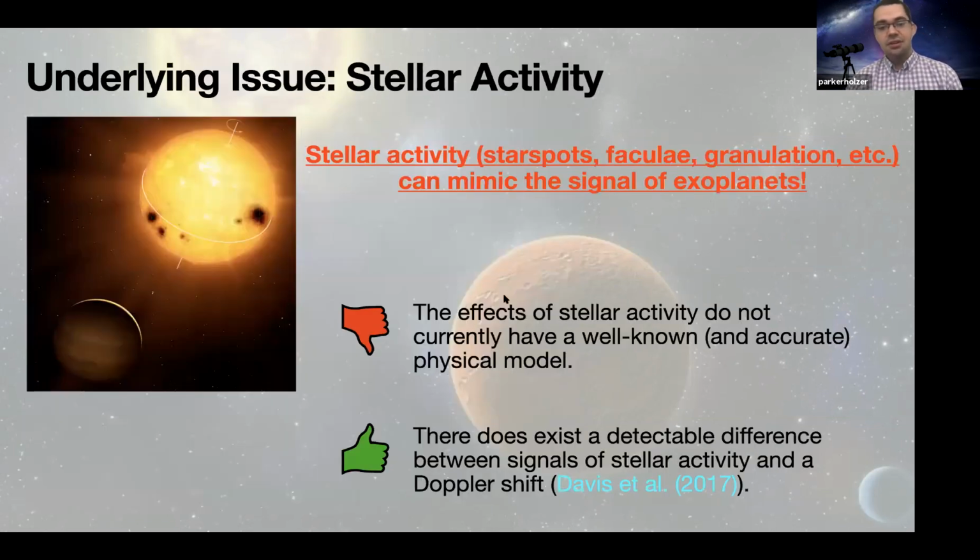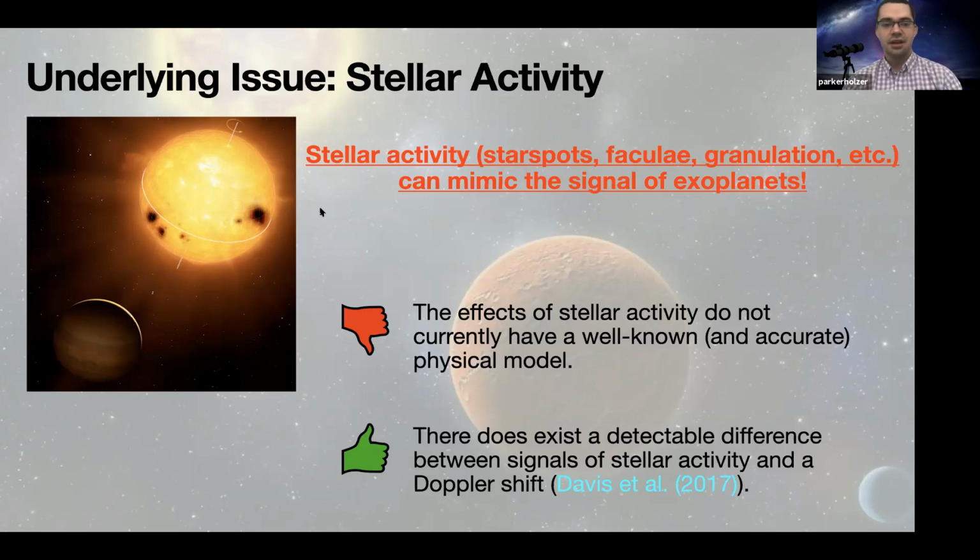But there's another underlying issue that's also at play, and that's stellar activity. And what I mean by stellar activity is stuff going on in the star itself. A star isn't just a solid bowling ball floating out in space.